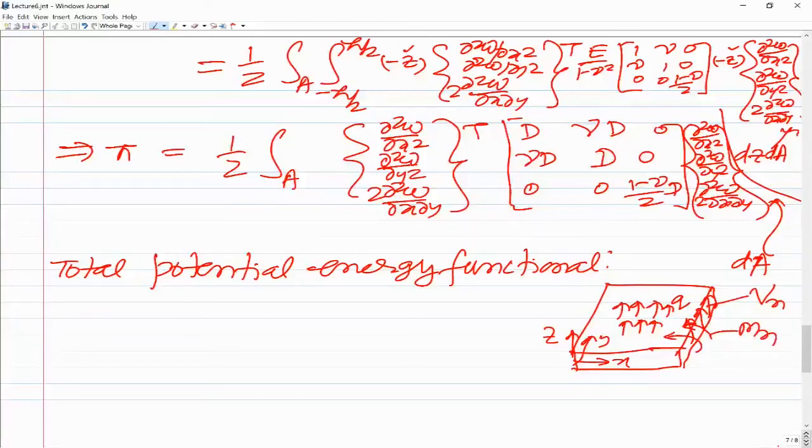So under this case, the total potential energy functional I will be strain energy minus potential, that is plus the potential of these externally applied forces.